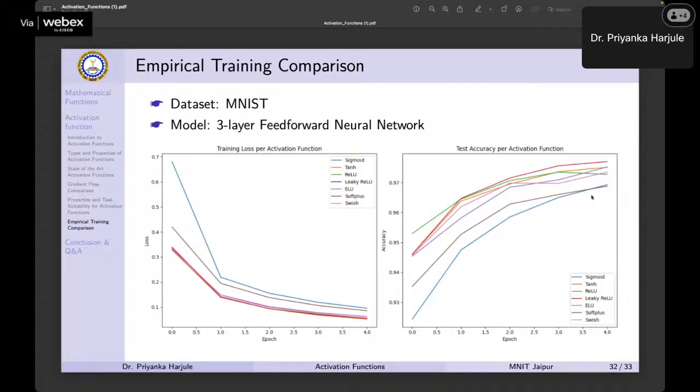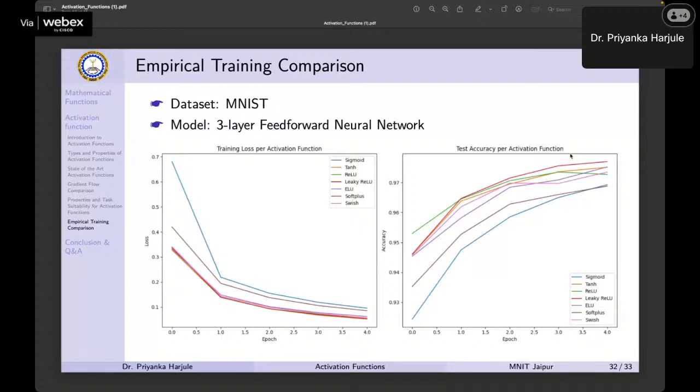Sigmoid again performs the worst here, that is the blue line, and ELU and softplus, that is this purple and brown one, perform moderately, but not the best. So this is showing the impact of different activation functions on the training and the testing.